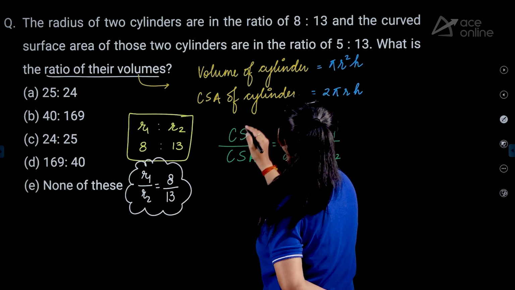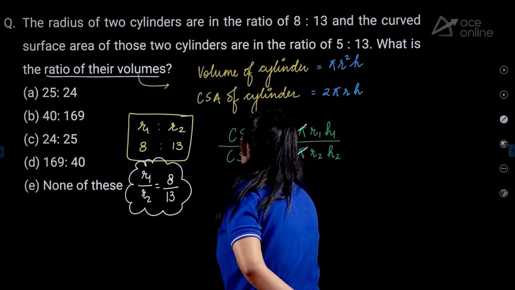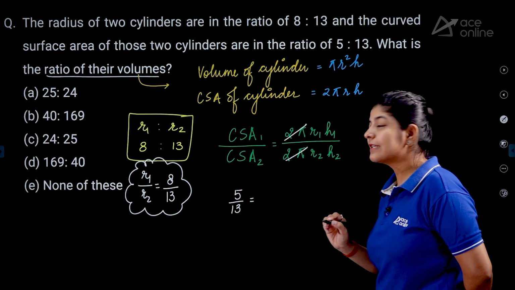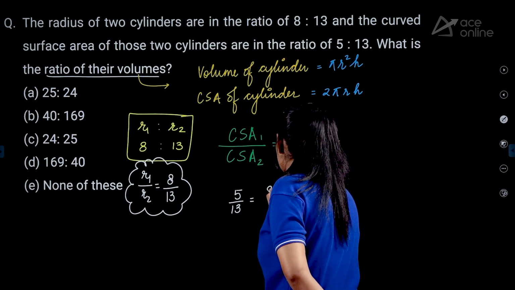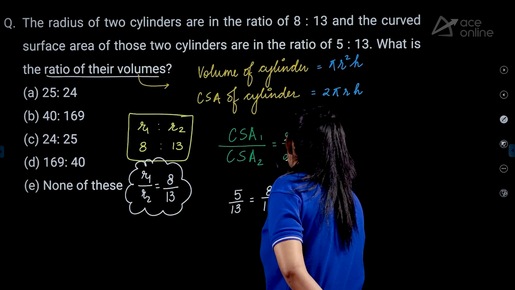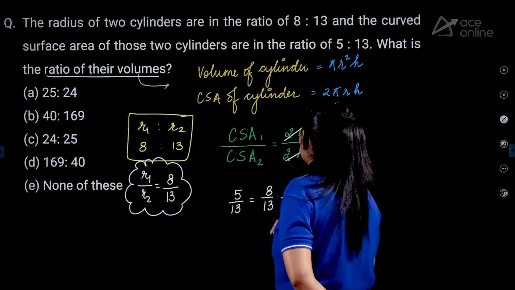So here the ratio is given as 5 by 13, and this is equal to 8 by 13 into H1 upon H2, right?